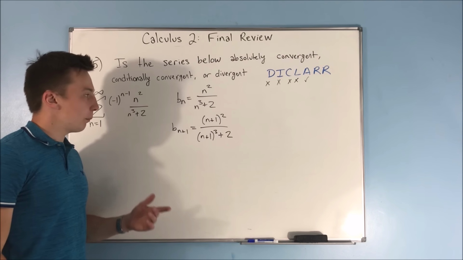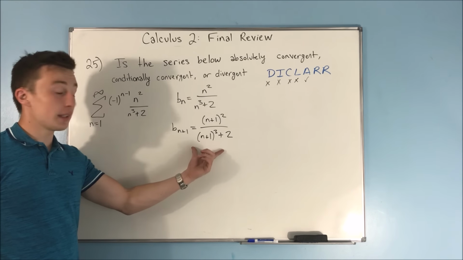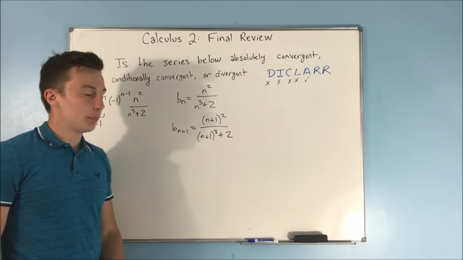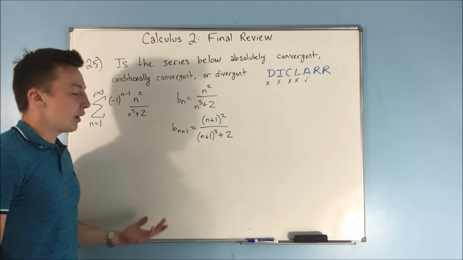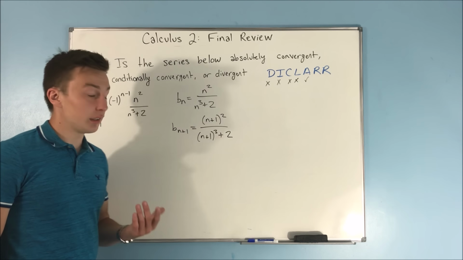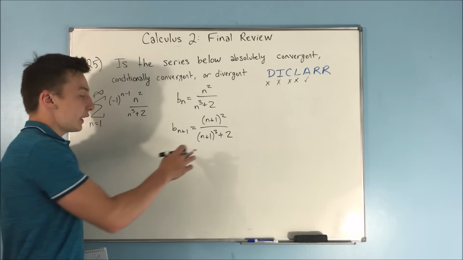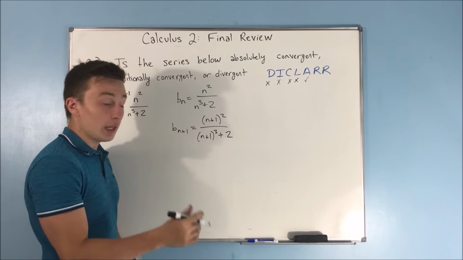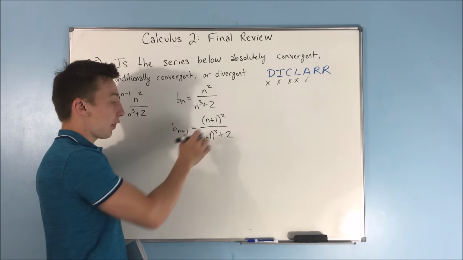Okay, now we don't really need to distribute this or FOIL this out and do a big expansion here, because you can just think about this logically. Okay, this is obviously going to be smaller than this. The reason why is because your denominator is being raised to the third power.